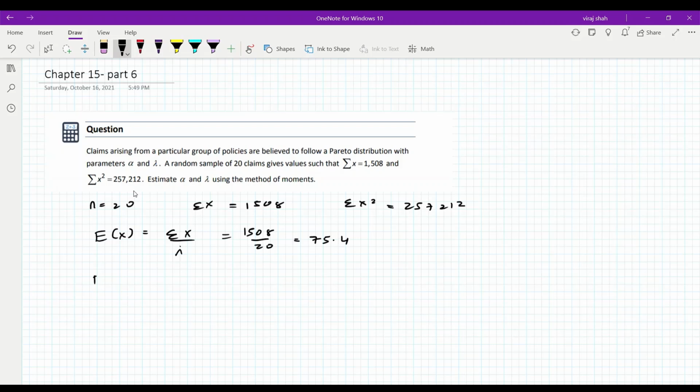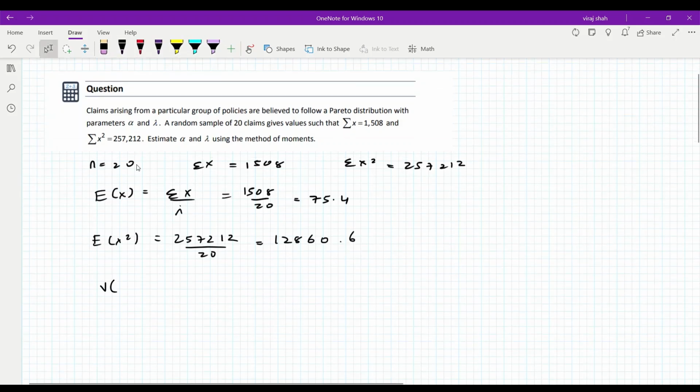Similarly, expectation of x square would be 2572.12 divided by 20, which is, sorry, this is a whole number, 12860.6. Easy, right? Now calculate the variance of x, which is expectation of x square minus expectation of x, the whole square.